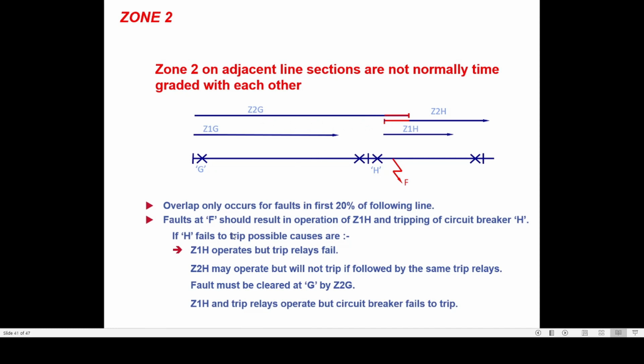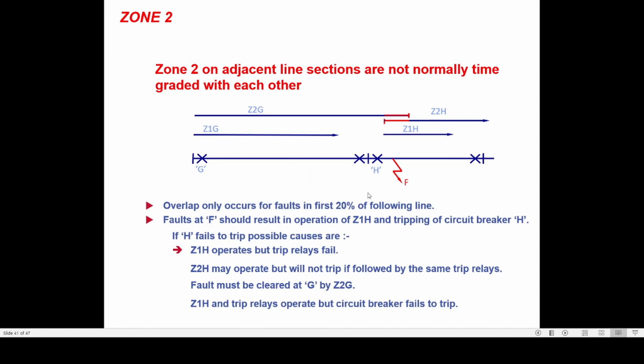Why? If there is a fault at F, what happens? The relay at H will operate and send the tripping signal to the circuit breaker at H. Now there are two cases. Either the circuit breaker opens and the fault clears, or the circuit breaker may not operate and the fault might not clear.